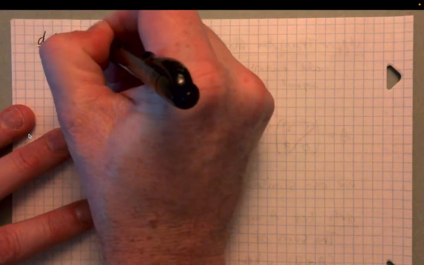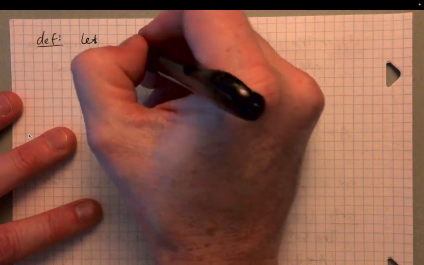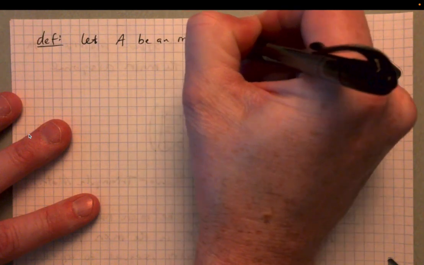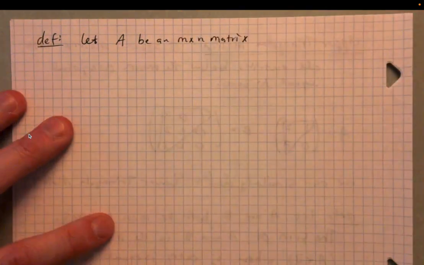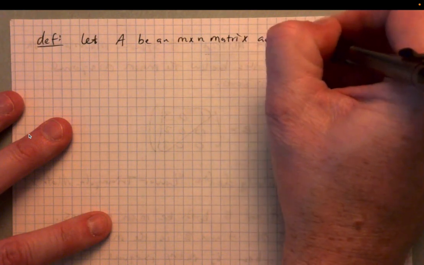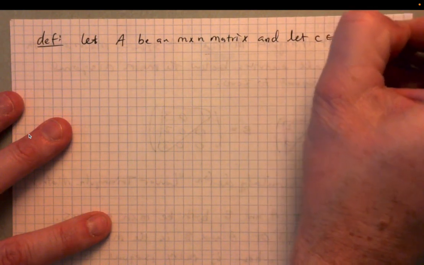So let A be an m by n matrix, and let C be a real number.